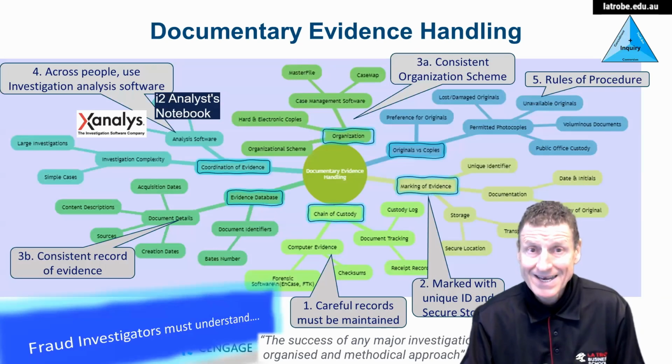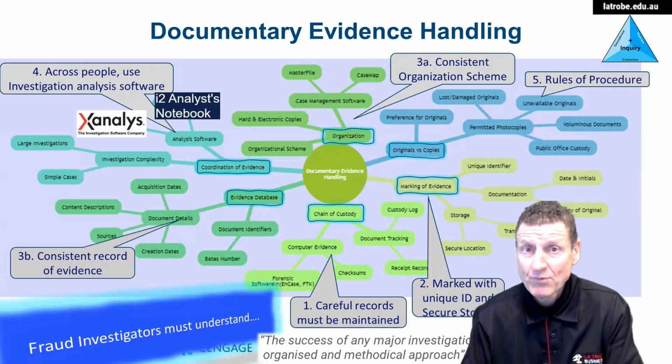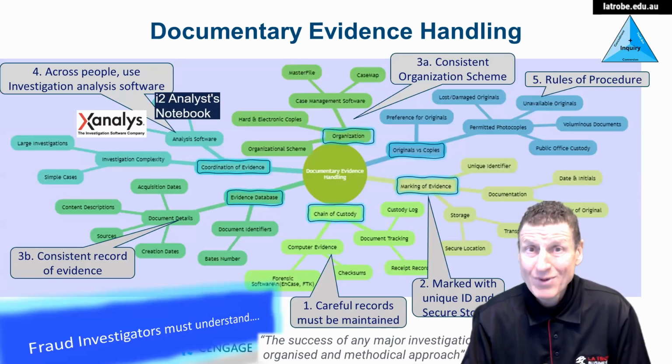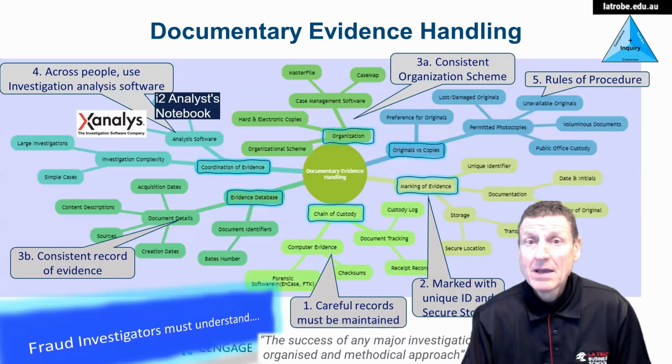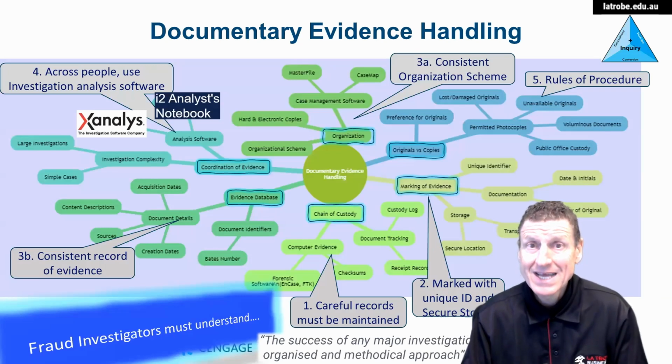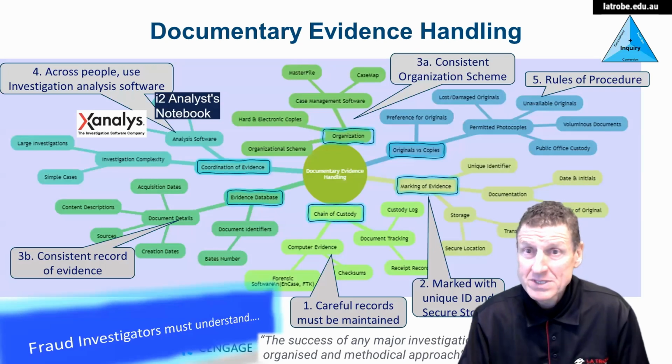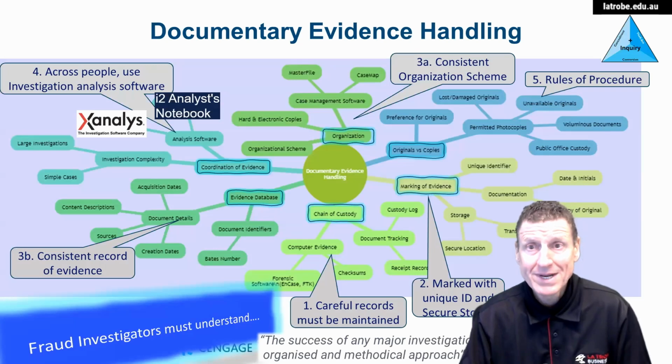And so Xanalysis and I2 Analyst Notebook are software frequently used today by fraud investigators, by other criminal investigators and lawyers in the world today. Finally, rules of procedure. You need to understand rules of procedure, the difference between originals and copies. Of course, the originals are more important than copies.